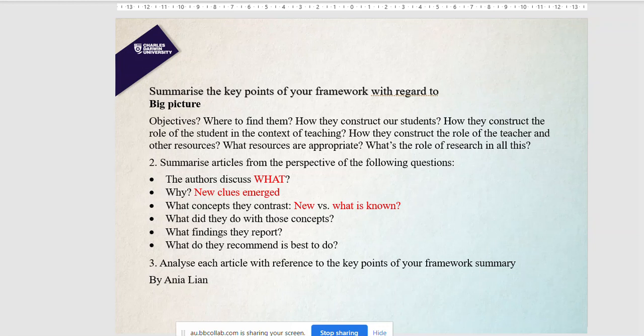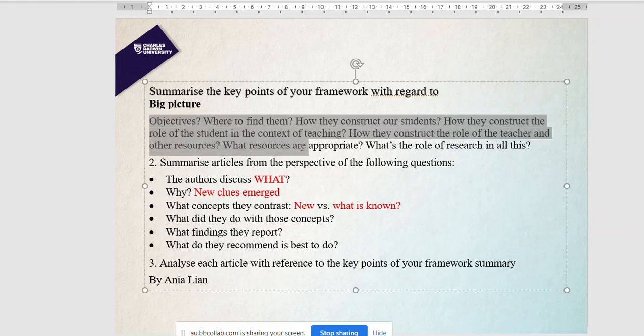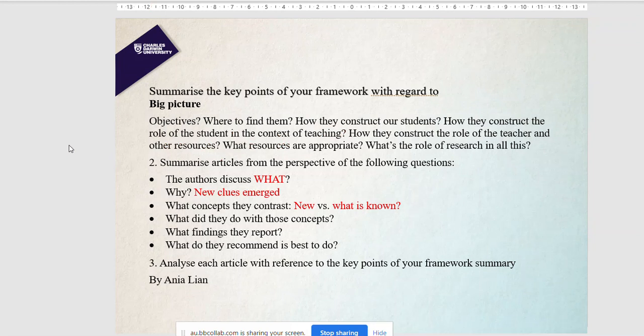Now, some of you might be surprised and say, well, I never wrote about these things. This could be true, that you did not integrate these aspects of classroom teaching in your assignment 1. You didn't have to, in the sense that it was your reflective engagement with policies, and your first attempt to create a framework.